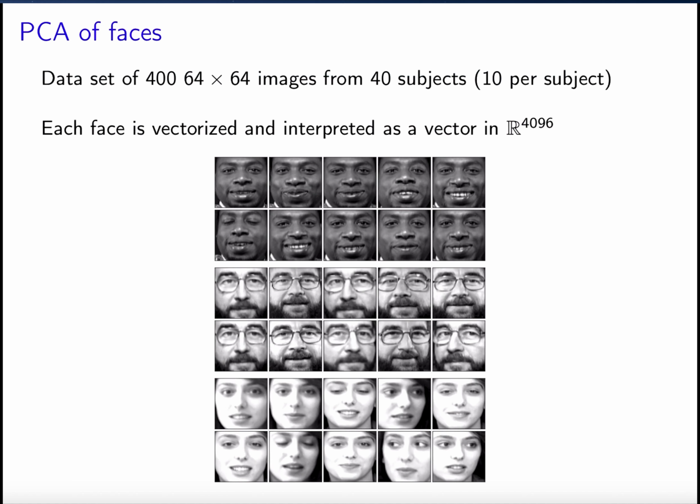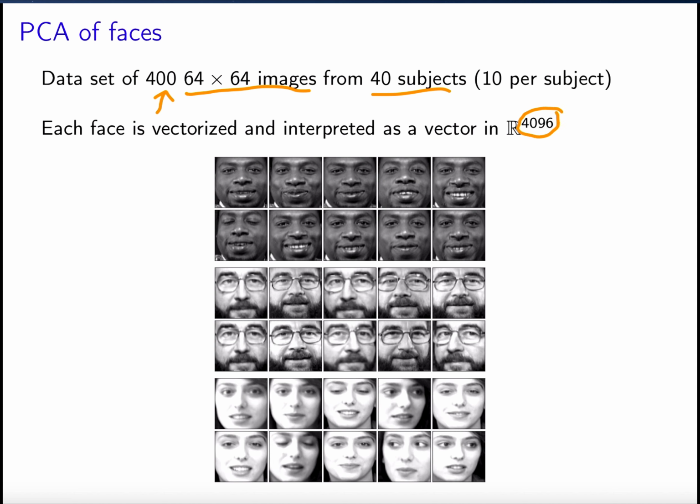Okay, so to finish, let's take a look at an example where we apply PCA to a much higher dimensional space, where we have 64 times 64 images from 40 subjects. So basically we have 400 data points, and the dimensionality of each data point is 4096.